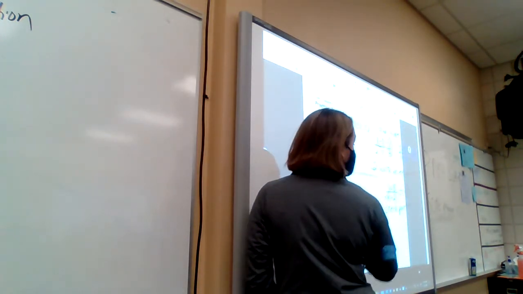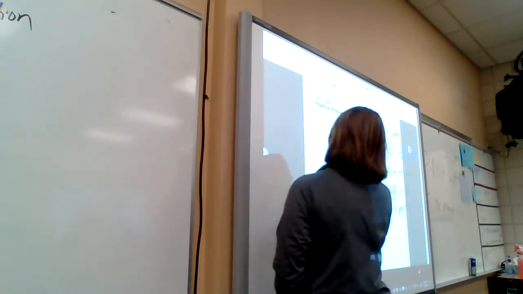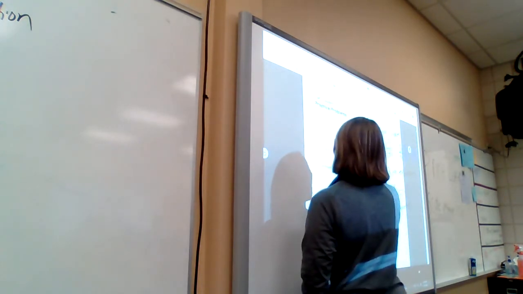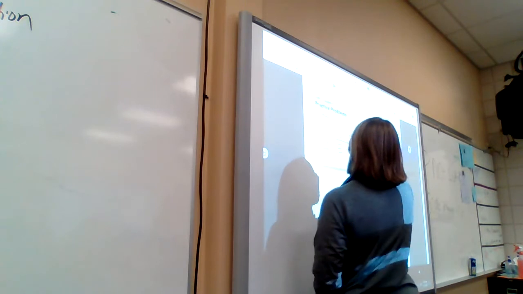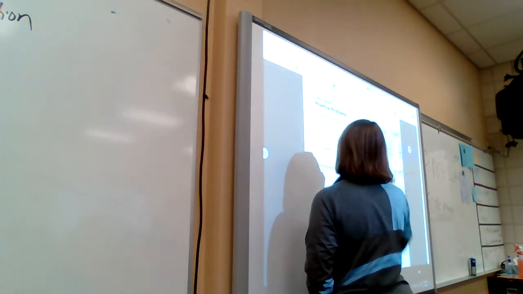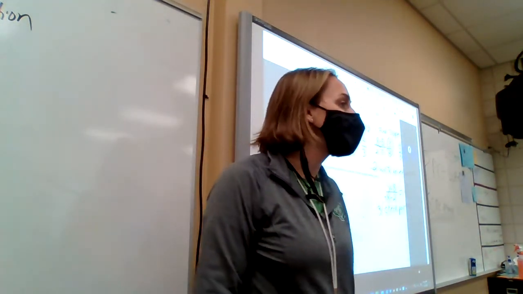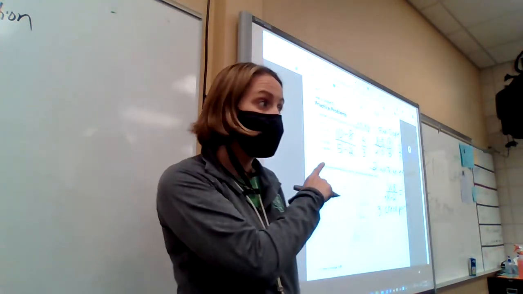So 10 is the y. 10 minus 8 over 5 minus 2. 10 minus 8, that's 2. 5 minus 2 is 3. Are those slopes the same? No. So does that point lie on the line? No.